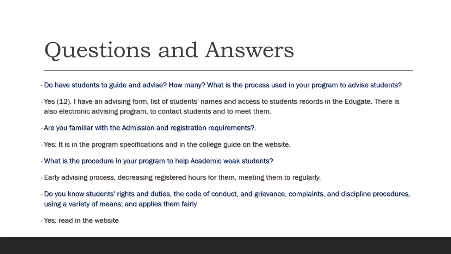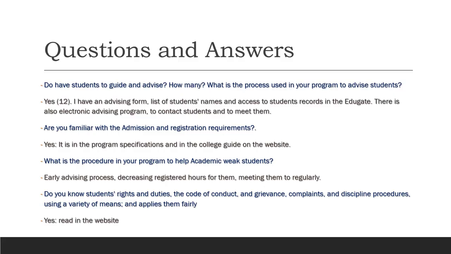You can contact them, send them email. You can meet them. After meeting them face to face, which is the best way to talk to them, you can advise them, of course, academic advising, and you have the specific or needed forms to fill and to be signed by you and the students.